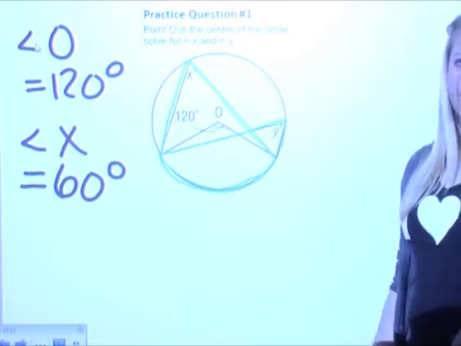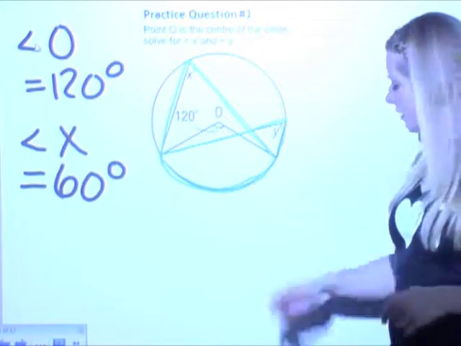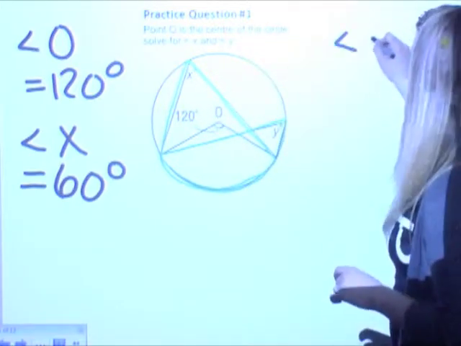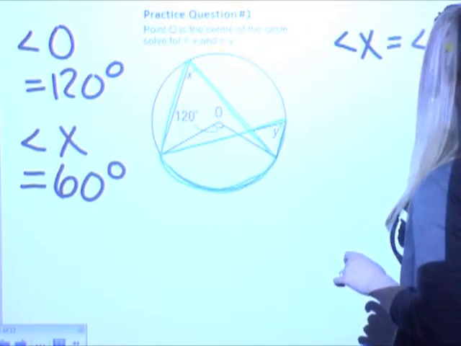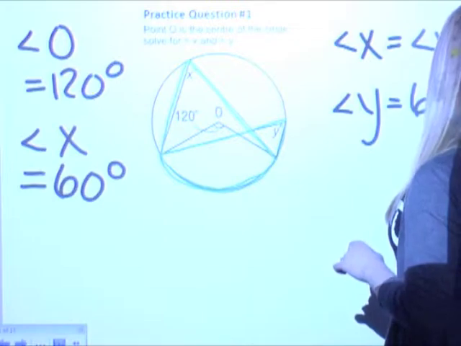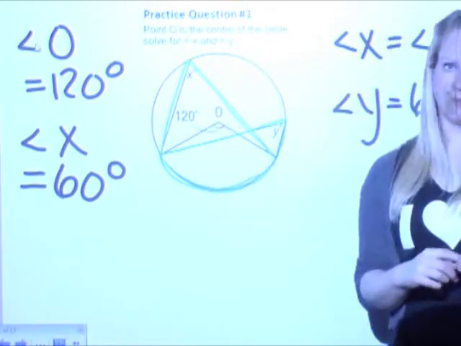So inscribed angles that share the same arc also share the same angle. So we know that the angles are equal, so angle x is equal to angle y. That means that angle y is equal to 60 degrees, and we have solved for both angle x and angle y.